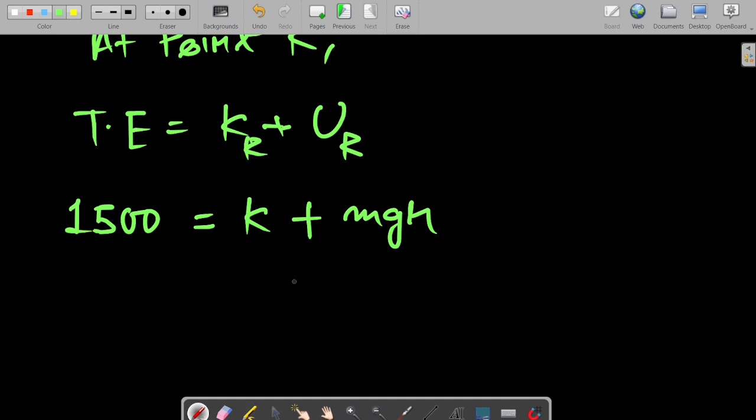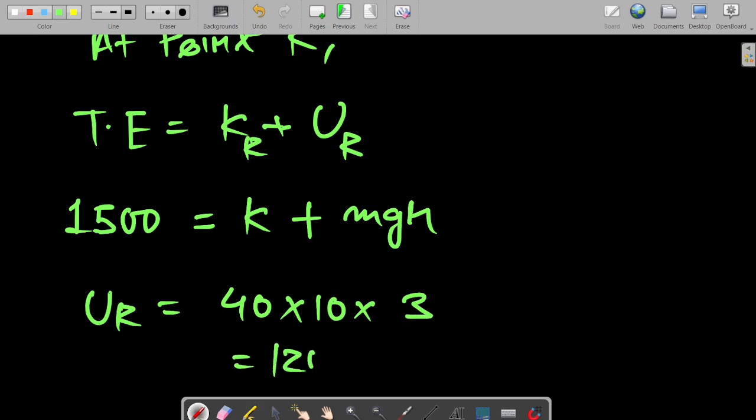Now we will determine the potential energy at R, that is U_R is equal to, your mass is 40 kg, g is 10 and h is 3, and if you multiply this, you will get 1200 joule.